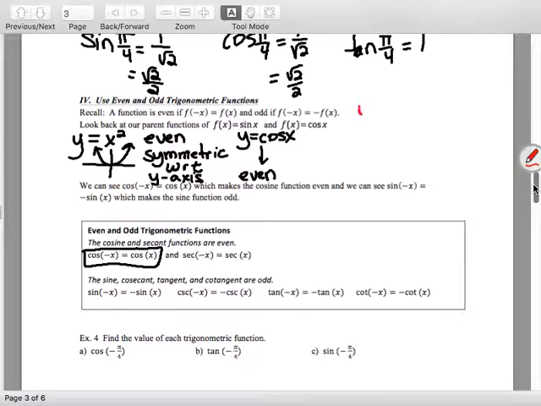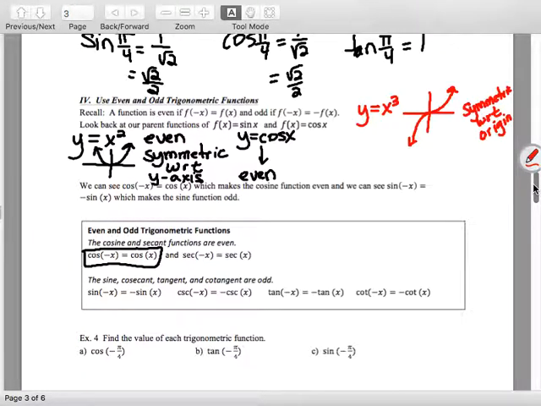Then I want you to look at y equals x cubed. If you remember from Algebra 2, we graphed y equals x cubed. And if you take your paper, once you sketch x cubed and you turn it upside down, this is symmetric with respect to the origin.